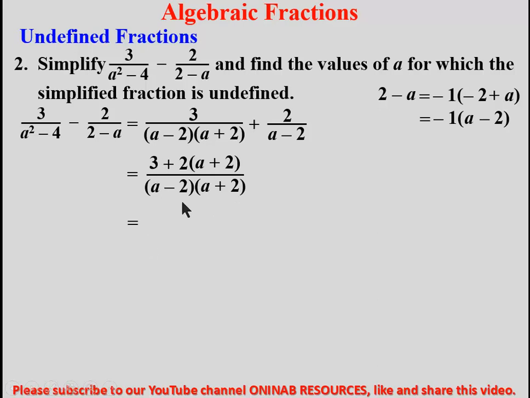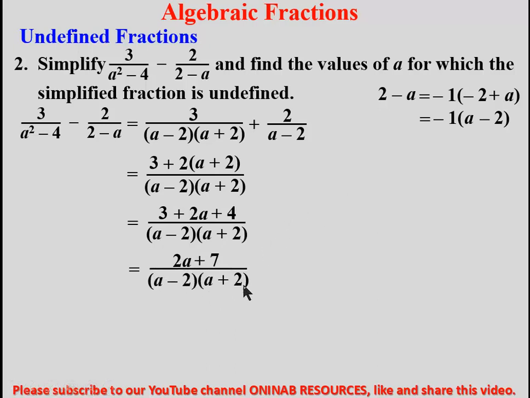So we have this 3 here, then plus 2 times a gives plus 2a, plus 2 times plus 2 gives plus 4, then over a minus 2 into a plus 2. Now we simplify the numerator, collecting the like terms. We now have 2a, and 3 plus 4 gives 7. That's 2a plus 7 over a minus 2 into a plus 2. So we have simplified the fraction.